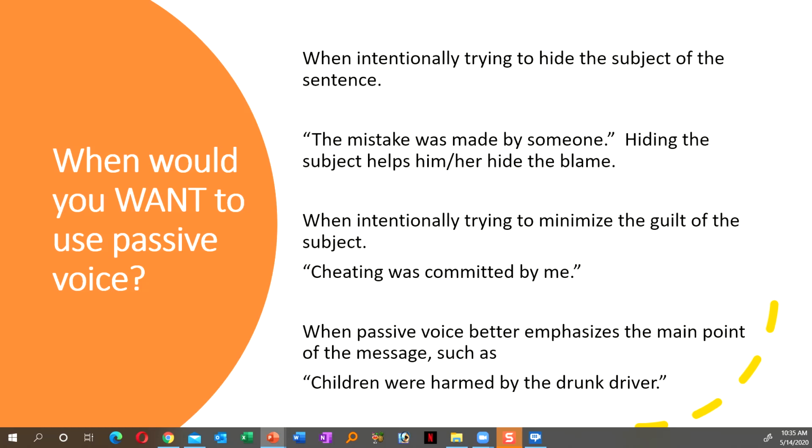So here again, you're switching it over, but in this case the children are the object because they were harmed by the driver. In this case, it's more important to use the passive voice not to deflect, but to give emphasis to the object. But like I said, when we talk about being indirect in business, we certainly don't want to emphasize the object. But there are certain cases that you'll have to.